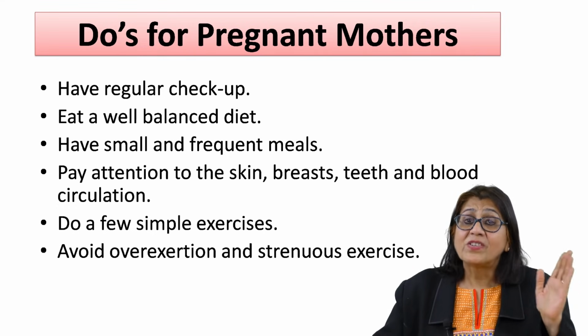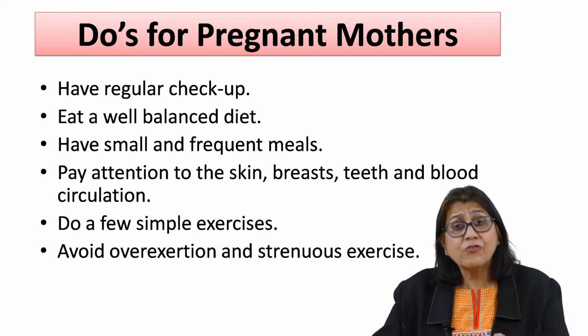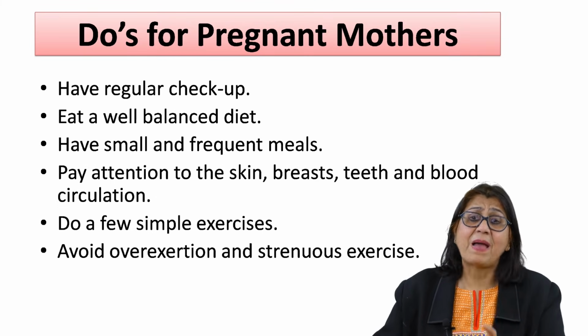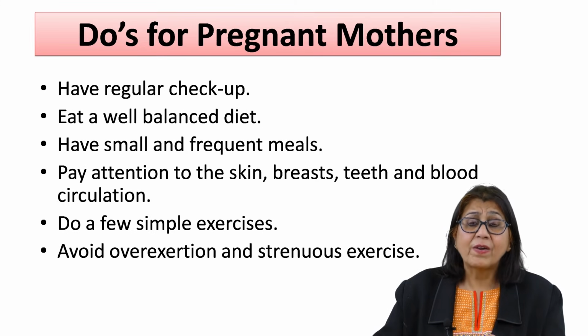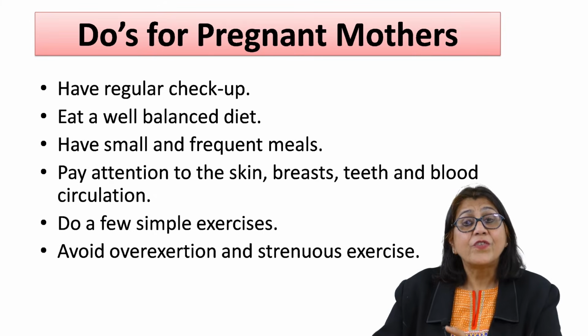A pregnant woman must have a regular antenatal checkup during the entire period of pregnancy. She must eat a balanced diet as already informed. Include those foods which will help in the growth and development of the fetus. Have small but frequent meals.